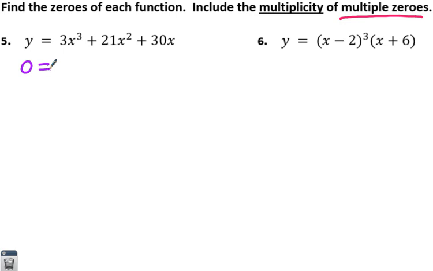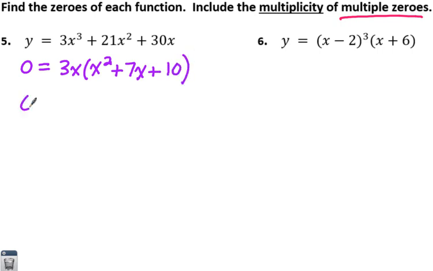GCF. And when you compare all three terms, we see that they have a greatest common factor of 3x. And so what's going to be left over here is an x squared. What's going to be left over here is a 7x. And what's going to be left over here when we divide it out is, I believe, 10.